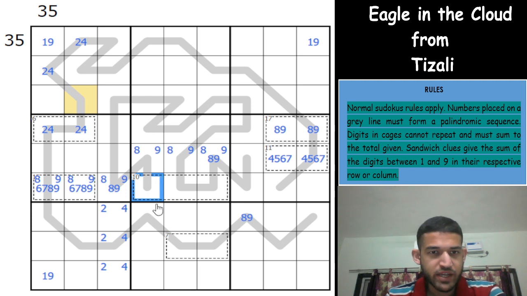So you can try to find the 10th cell from either direction. 1 2 3 4 5 6 7 8 9 10. So this is the 10th cell, so both of these are going to be equal. So you can kind of wind your way around the palindrome starting from these cells. So these are the 10th cell from either direction.